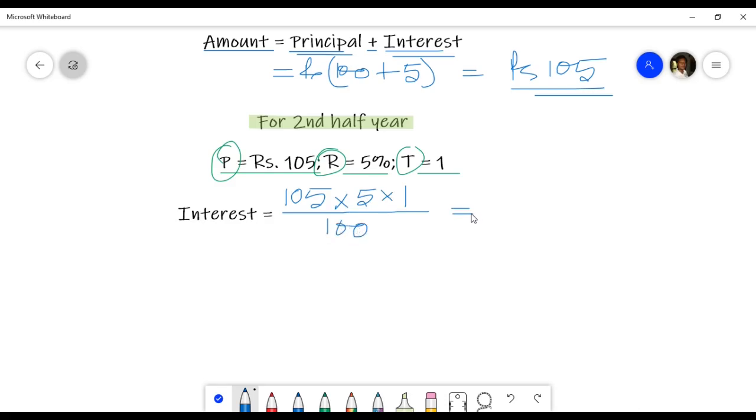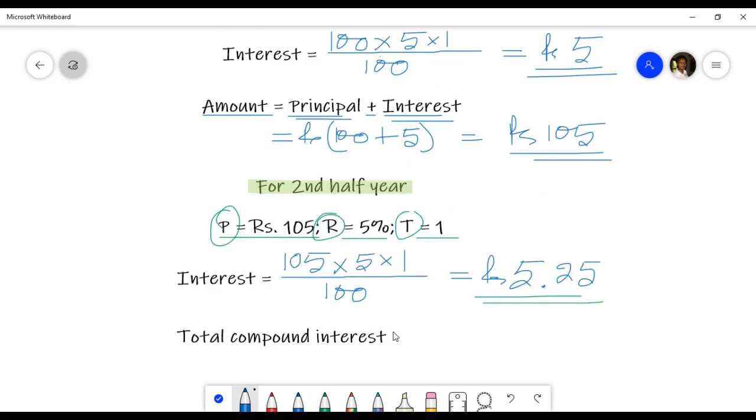We just replace the values to get the interest, and the interest that we calculated is rupees 5 and 25 paise. So 5 rupees 25 paise is the interest for second half year.